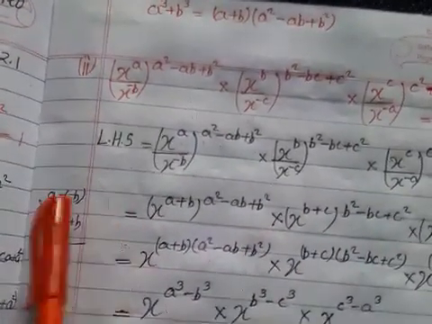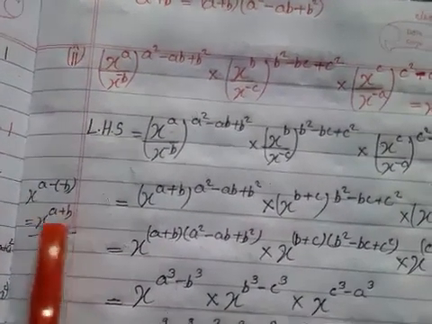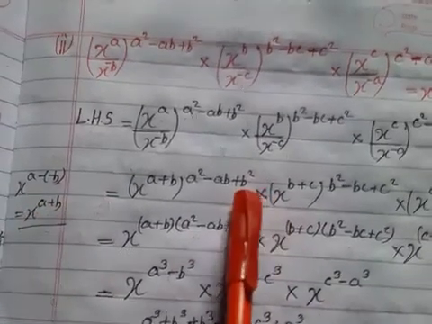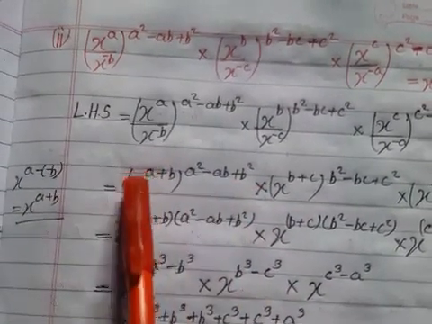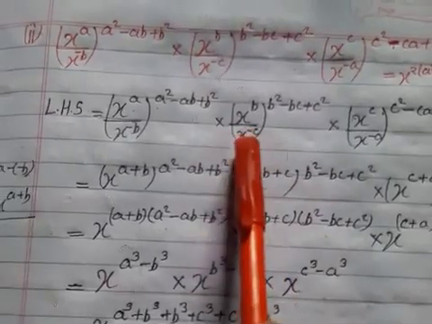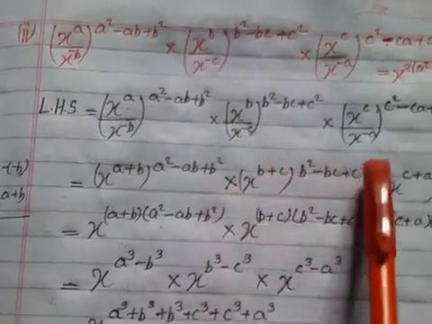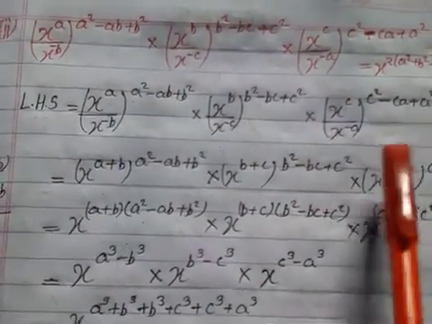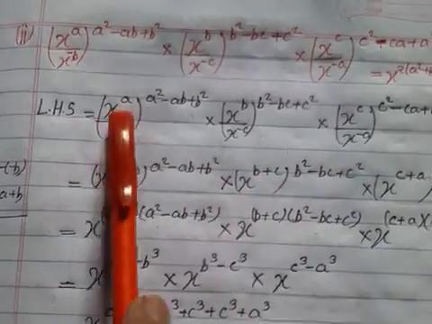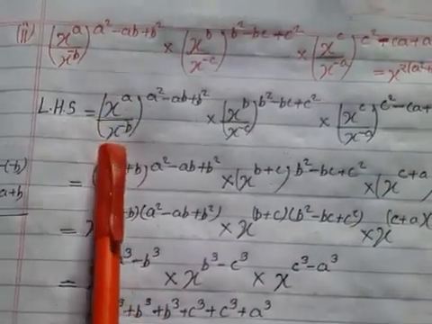Okay. Now here minus, x to the power a plus b. Okay, so x to the power a plus b. Similarly here x to the power b plus c and here x to the power c plus a. This is doing because the base are same, here x, here also x.